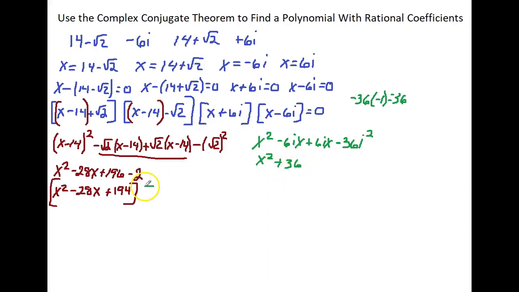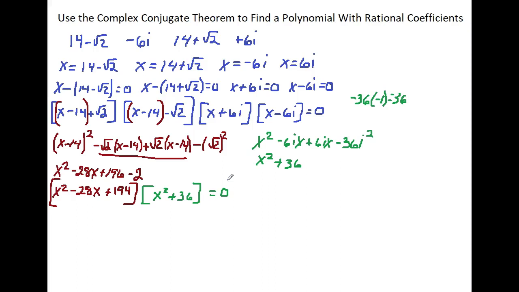I'm going to bring this down here and we have to multiply these two together. So x squared plus 36. And remember that this is equal to 0. So I have my maroon from the radicals and my green from the imaginaries.